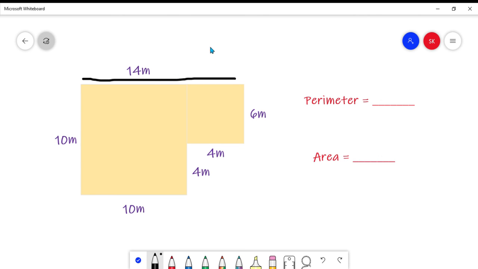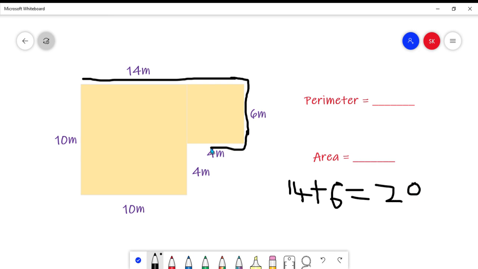14 meters, and then we go round. 6 meters, add it together. 4 meters, then add another 4.